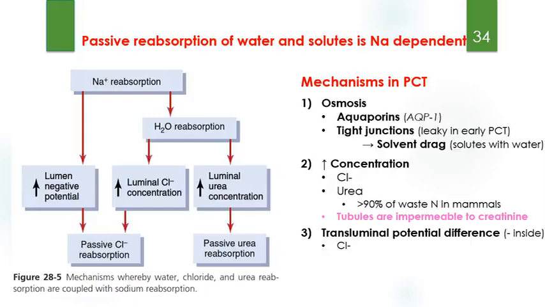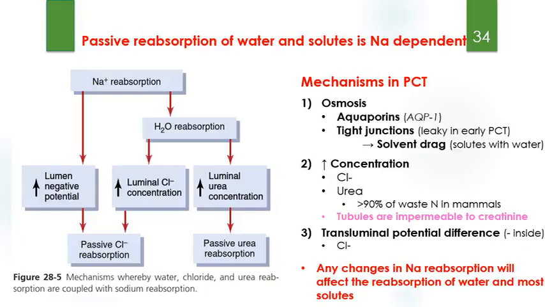The increased concentration of chloride in the luminal space favors its movement to the other side, which is positively charged, because the luminal space is negatively charged. So this is another way that helps chloride to be reabsorbed. As we see, the reabsorption of water, chloride, and urea is dependent on sodium reabsorption. So anything that changes sodium reabsorption will affect the reabsorption of water and most solutes.